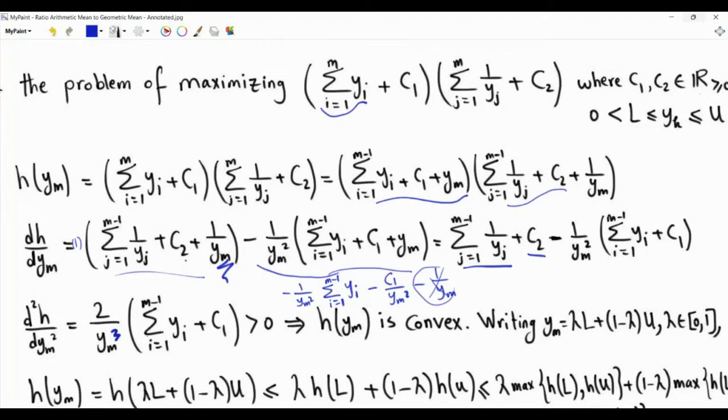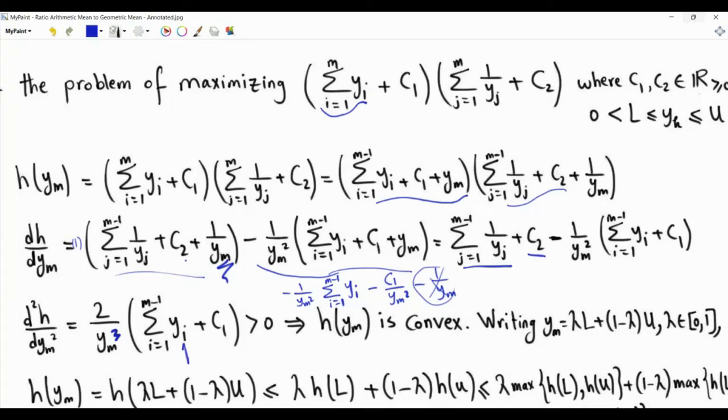Now, this second derivative, because the y's are strictly positive, in fact they are greater than or equal to L, which is strictly positive, and because C is non-negative, regardless of the values of those y's or what C1 is, the second derivative is strictly positive.